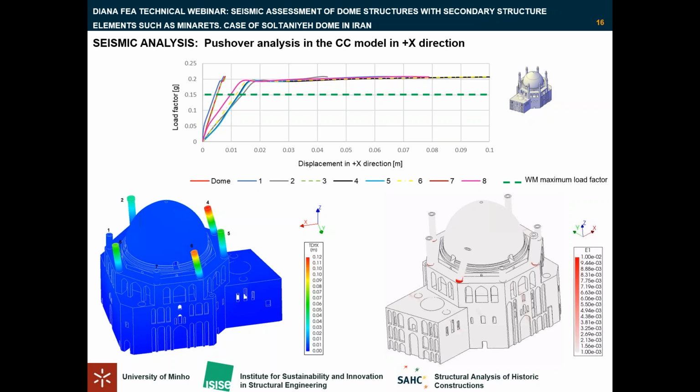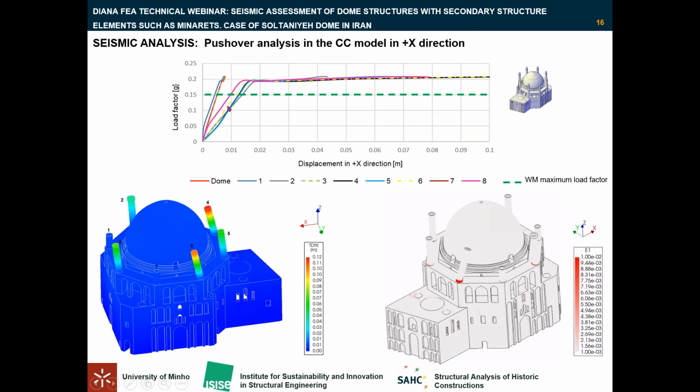To account for the effects of the aforementioned interventions and structural changes within the model, the concrete ring and minaret number 2 were represented as elements with fully elastic behavior.